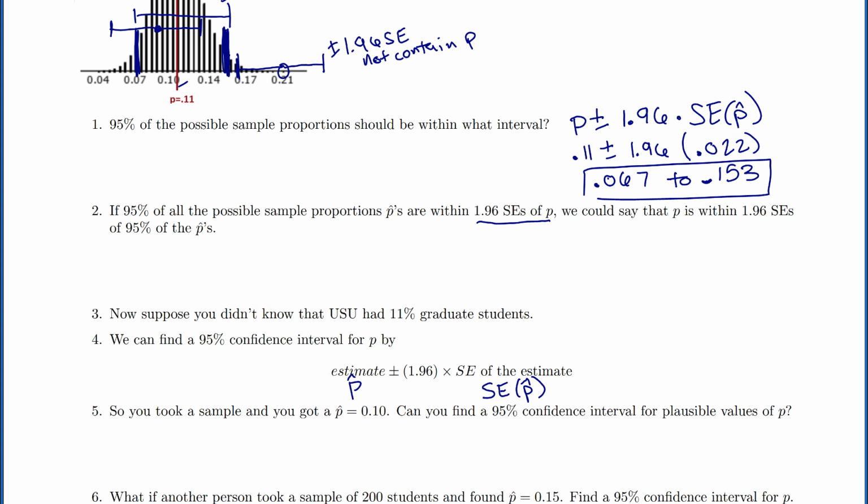So I'm going to take my estimate P hat of 0.10 and do plus or minus 1.96 times the standard error of P hat. But now here's the problem. We're pretending that we don't know that USU had 0.11. So I'm going to have to estimate that standard error with my sample proportion of 0.10. So we'll do the square root of 0.10 times 1 minus 0.10 divided by my sample size of 200, I believe.